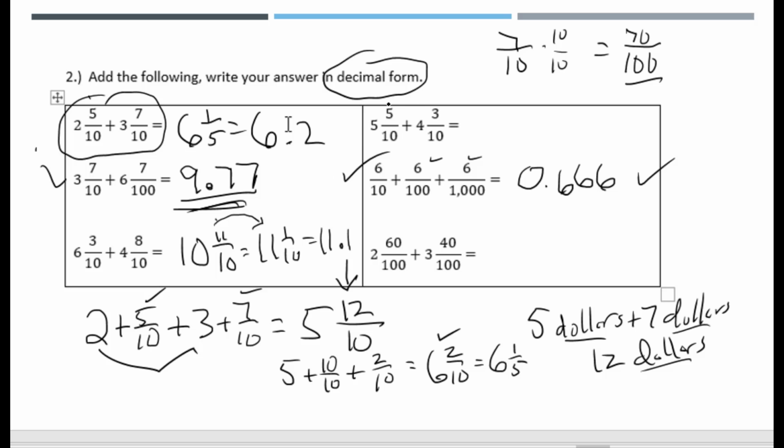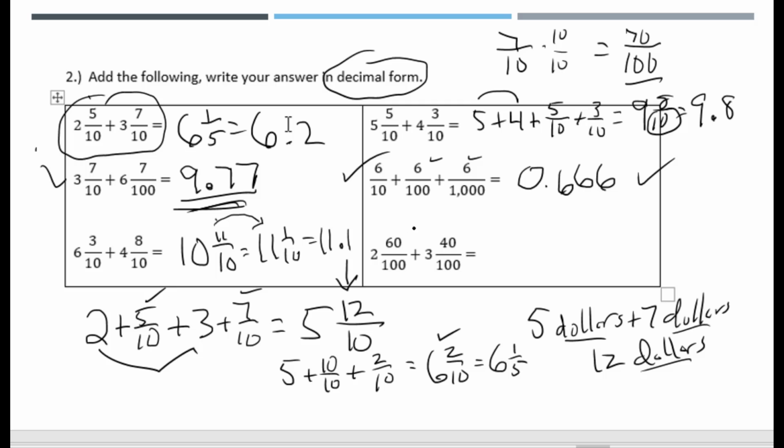This one here, I have 5 plus 4 is 9, because I'm looking at this like 5 plus 4 plus 5/10 plus 3/10. See that? So I have 9 and 8/10. As a decimal, 9.8, because tenths is the first to the right after the decimal.